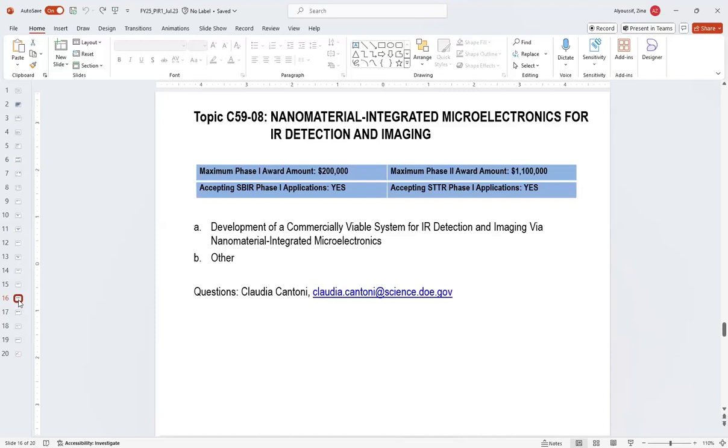So we have subtopic A to develop a commercially viable system for IR detection and imaging using nanomaterial integrated microelectronics. In particular, we're looking for proposals that develop a system that capitalizes on unique properties of some novel nanomaterials for high sensitivity and energy efficient SWIR detection.